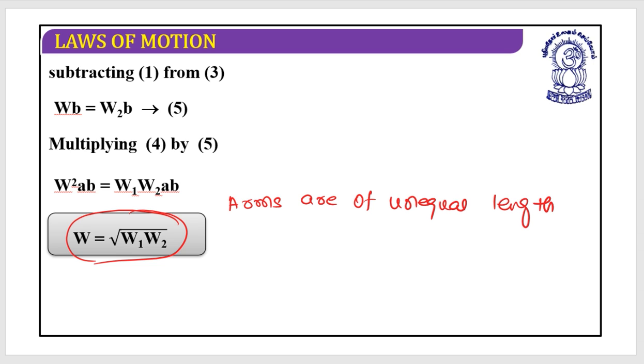This is required to calculate the true weight: W = under root of W1 into W2. Is it clear?